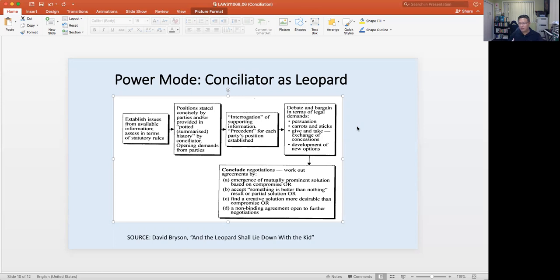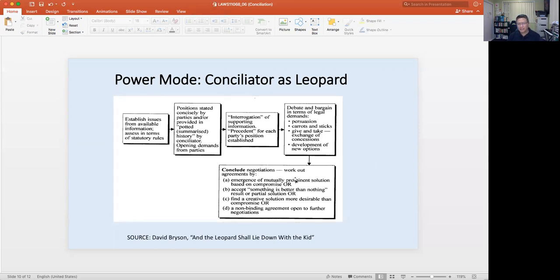It could be argued by any of the parties that they were coerced into reaching an agreement. That might mean that there will be questions about the validity of a settlement agreement if it was done through coercion. But it's pretty acceptable for a conciliator to try to push the parties to reach an agreement.